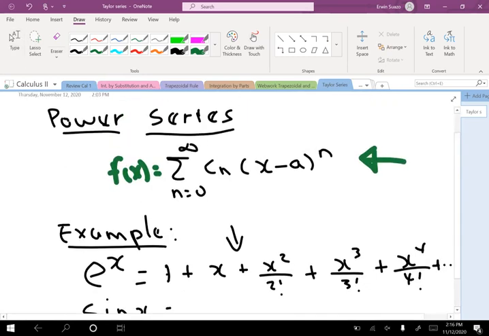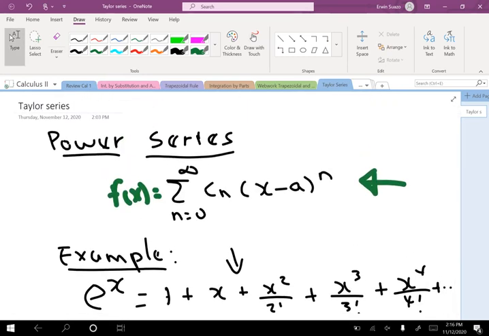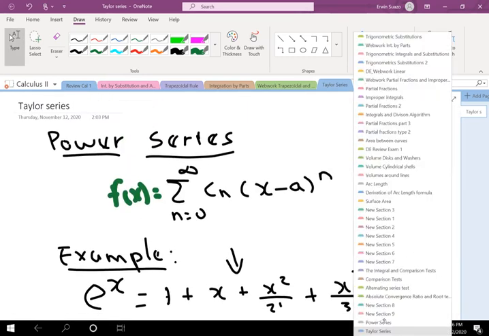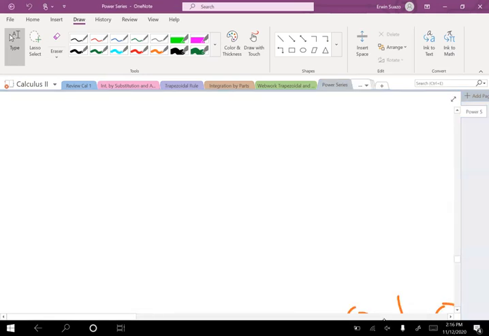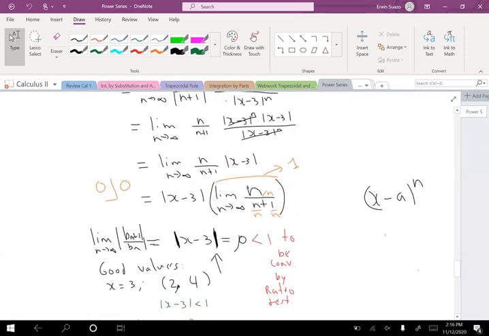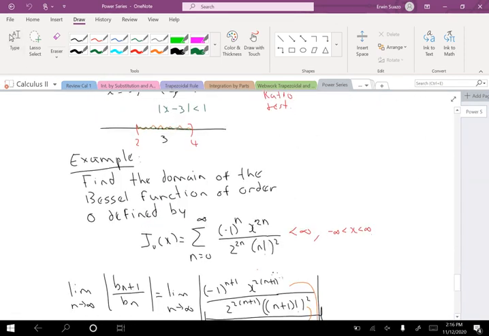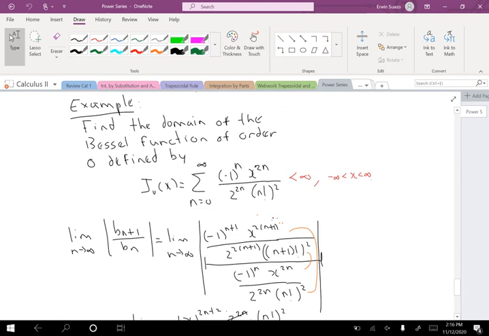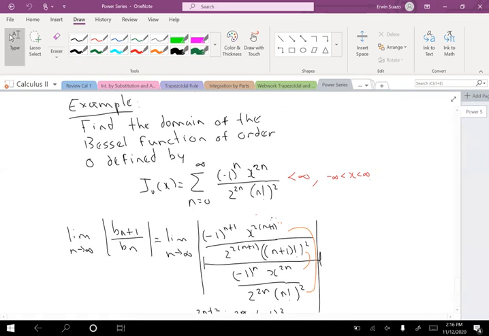And then we have been having a hard time finding this radius. When we go back to power series, we have been finding all these limits. For example, we did the Bessel function. So we have the Bessel function, and this is defined over here.